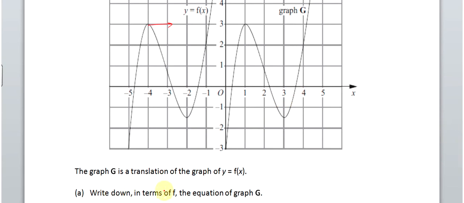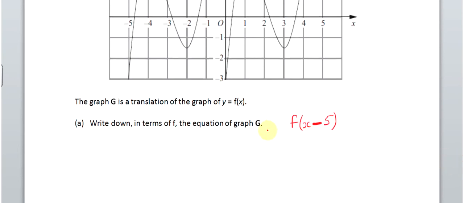So write down in terms of f the equation of graph G, and very straightforward, it's going to be f of x, and it's moving 1, 2, 3, 4, 5 right, so it's going to be minus 5. So that is the equation of graph G. So y equals f of x minus 5.